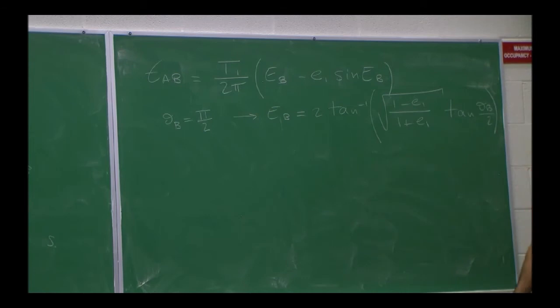Once again, don't memorize, just know that there is a way to relate position and time on a Keplerian orbit. I'm missing the eccentricity. How do you want to compute the eccentricity of the original orbit? If I gave you radius at perigee and radius at apogee, there was a way to do it.